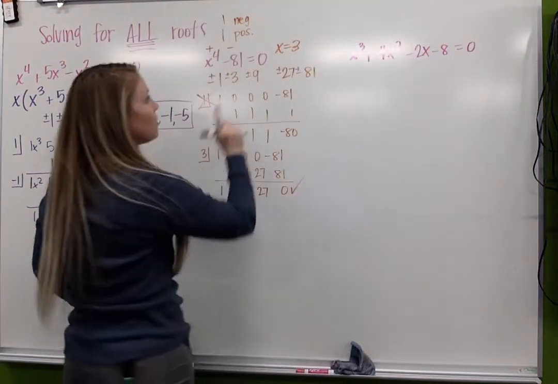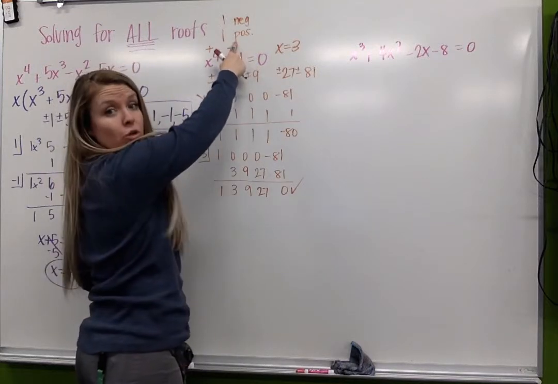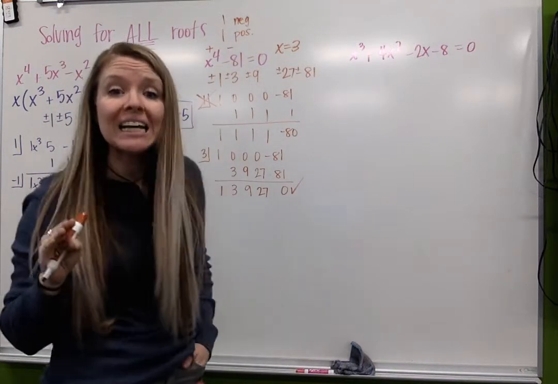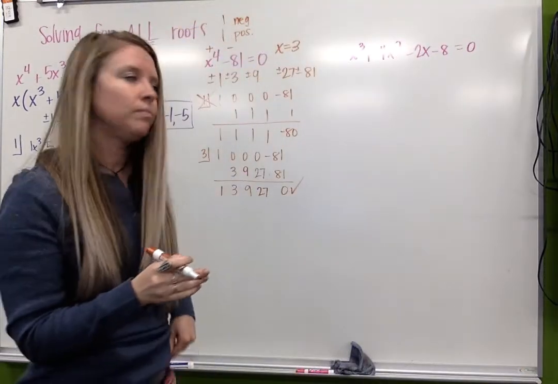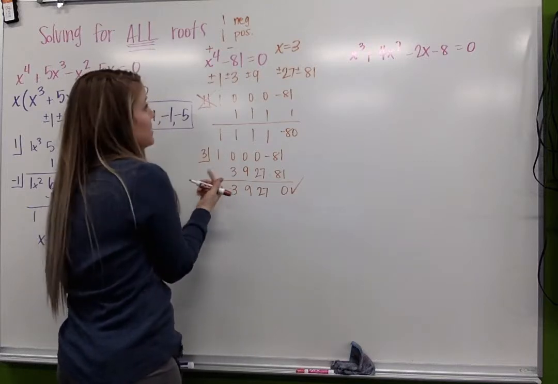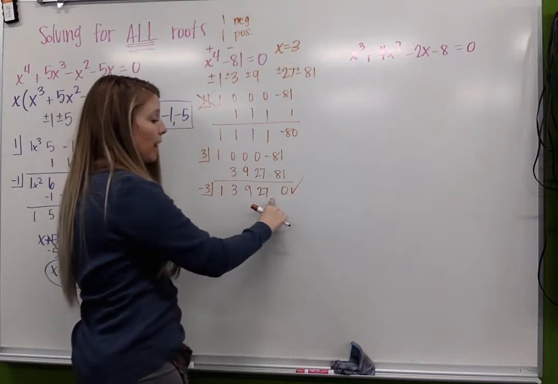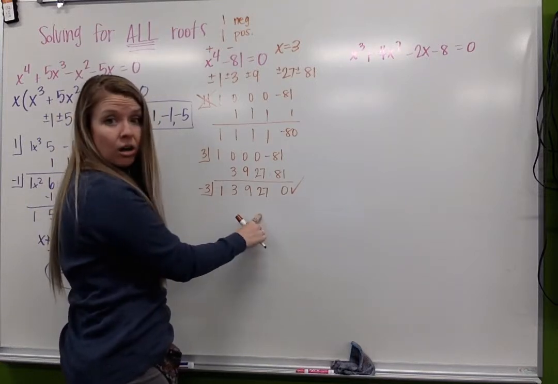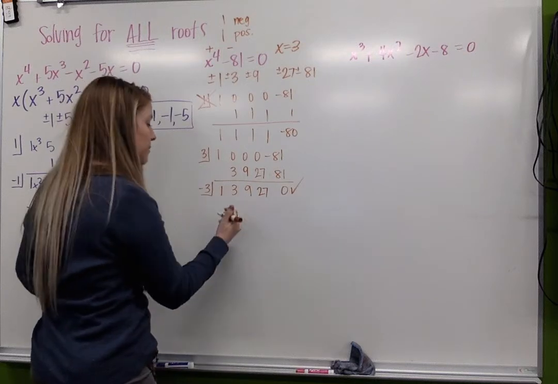Okay, now that we've got our positive solution, my Descartes' rule told me one positive answer. I'm not going to guess any more positive answers. I'm only going negative now. So, since I got a positive 3, I'll go ahead and try a negative 3 and see what happens. Remember, I'm building my division right now off of the quotient that I got.